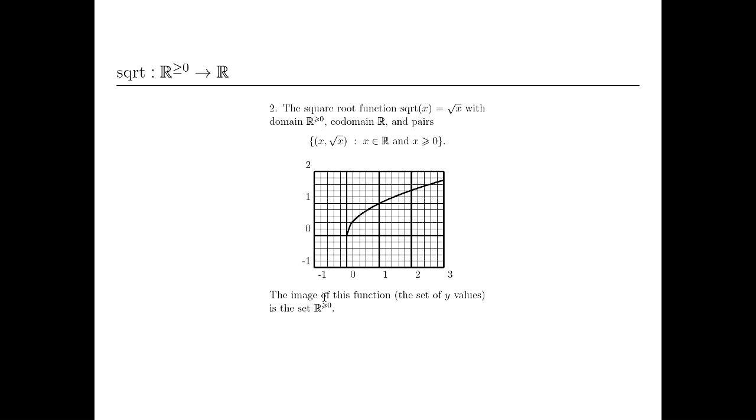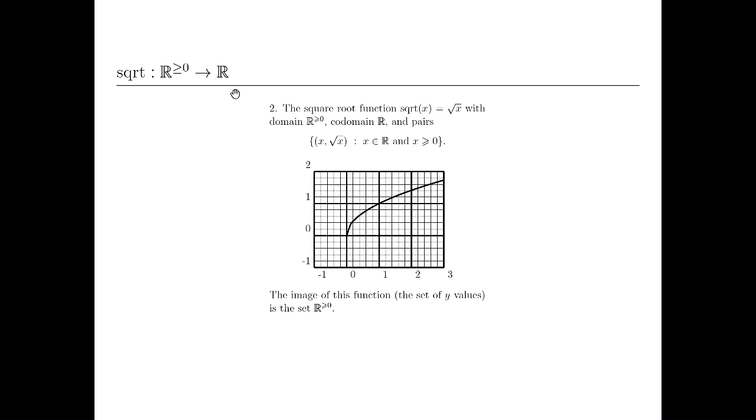So speaking of square roots, we can define a square root function from the non-negative reals to the reals, like this. Plot looks something like this. And the image of this function, again, would be the set of non-negative real numbers, right? Because we're always going to get out a non-negative real, and we could get out any non-negative real number.